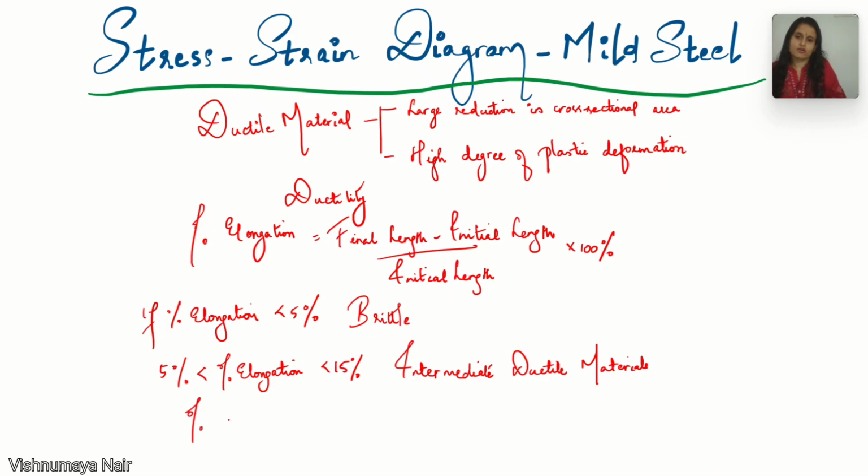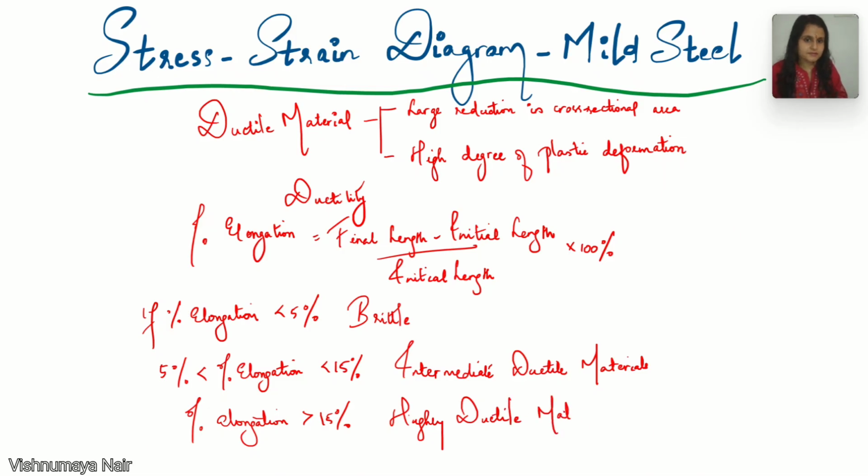If the percentage elongation is greater than 15%, such materials are highly ductile materials.